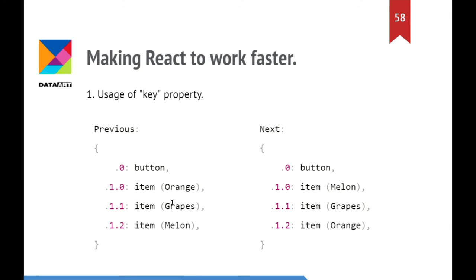So the order changed, but those indexes are the same because they are built based on the order of those elements in the array of children, right?